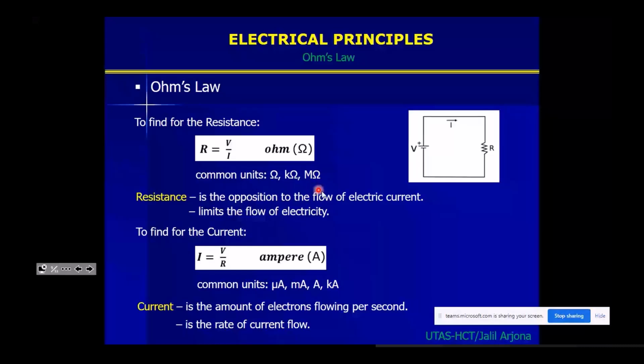And by the way, what is the meaning of resistance? It is the opposition to the flow of electricity or electric current, or it limits the flow of electricity. The load resistor is very important in any electrical application, because if the resistor was not invented, we would not have the technology we have right now.